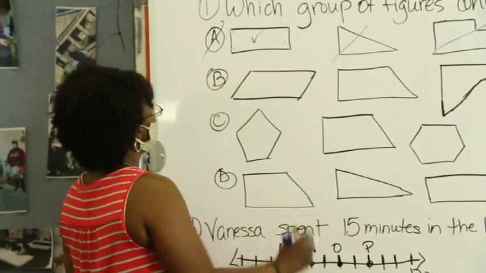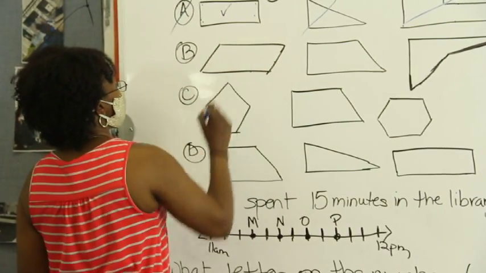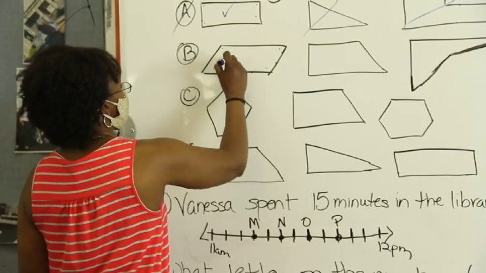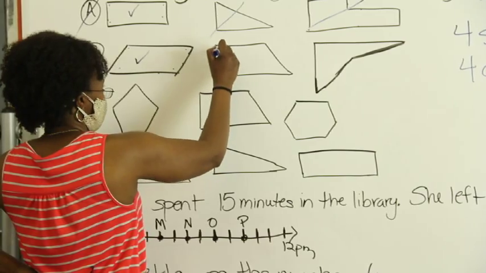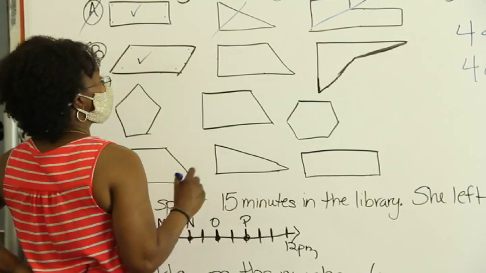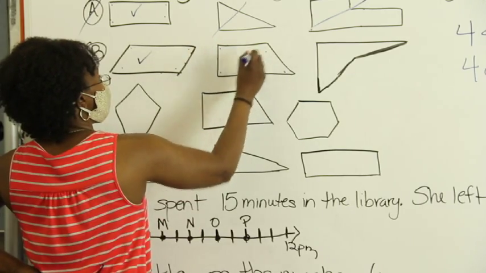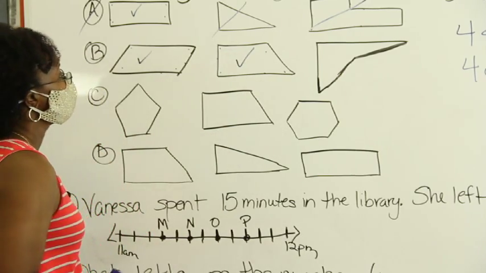Let's go to B. How many sides? 1, 2, 3, 4 sides. How many corners? 1, 2, 3, 4 corners. Let's go to the next one. How many sides? 1, 2, 3, 4 sides. How many corners? 1, 2, 3, 4 corners. So we can put a check there.